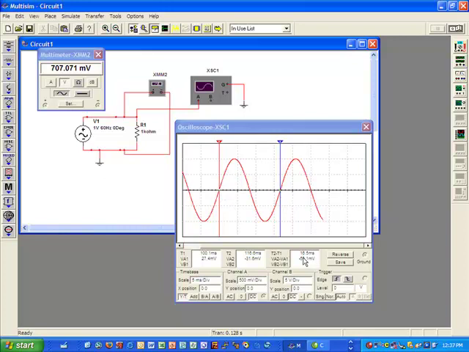We can see the time readout right here, it's about 16.5 milliseconds, should be 16.6. Our measurement points are not quite perfect, but you get the idea that 1 period, if we're going at 60 hertz, is 16.6 milliseconds.